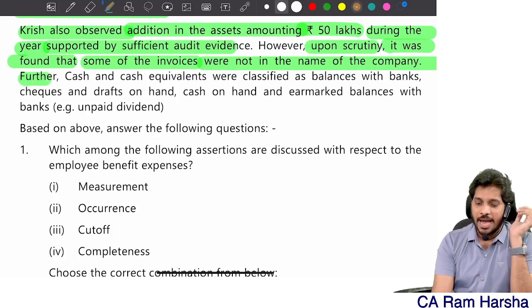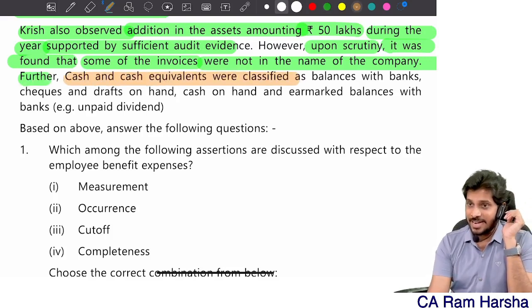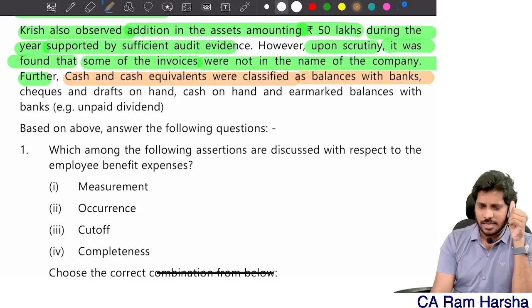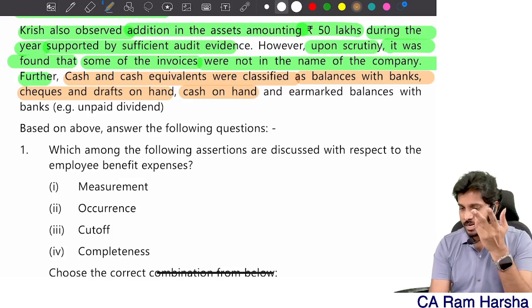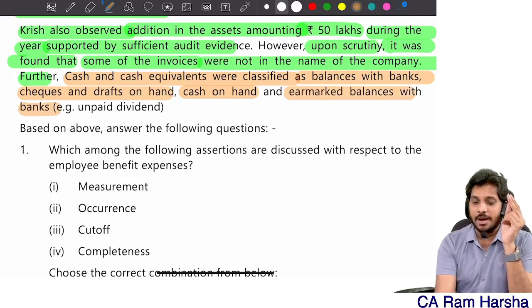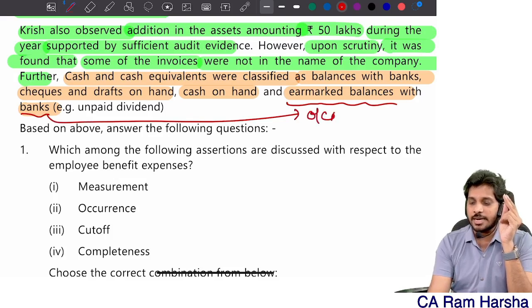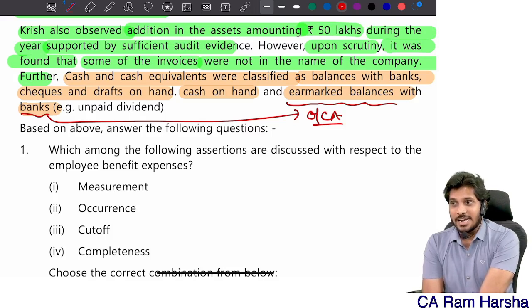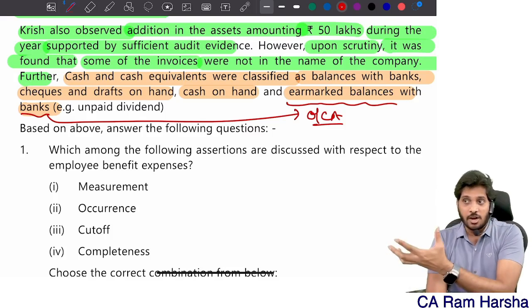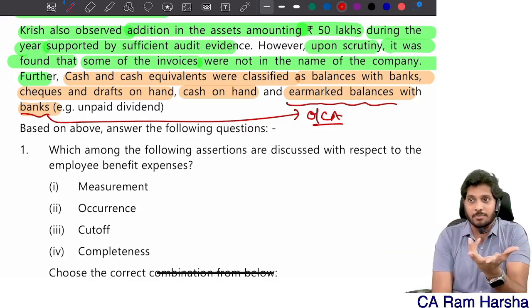Further, cash and cash equivalents were classified as balances with banks, correct only. Cheques and drafts on hand, correct only. Cash on hand can be correct. Earmarked balances with banks are generally shown as other current asset. It is not cash equivalent, meaning we cannot use it for our general day-to-day purpose.